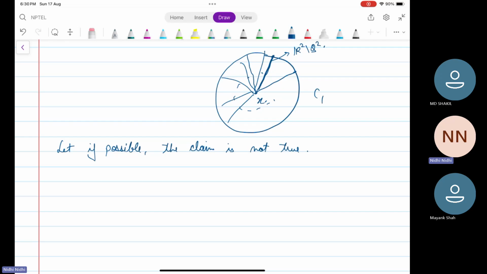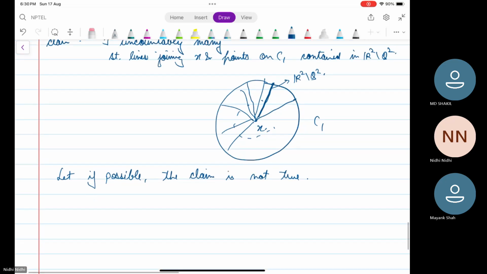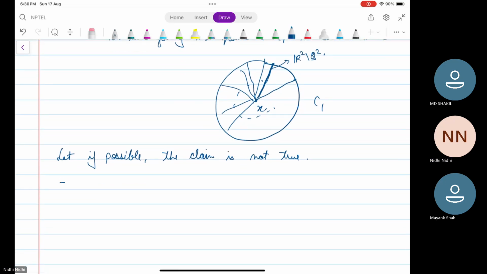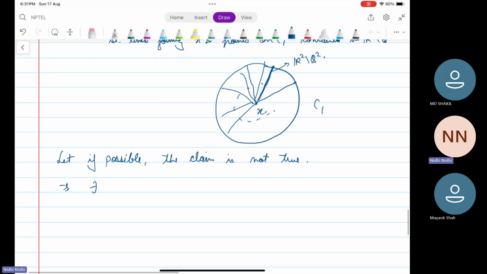Now we are saying that we cannot find uncountably many lines from x to C1 that are completely in R2 minus Q2. That means there are uncountably many lines which contain at least one point of Q2.